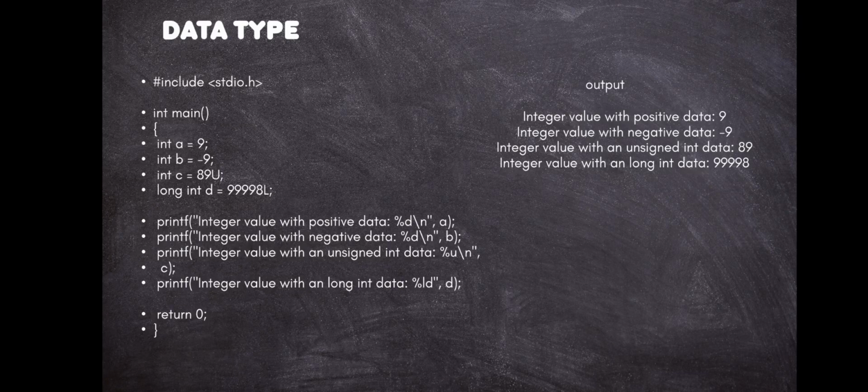And the last one is long, where L is used for long integer in C. On the right side we can see the output: the positive integer value is 9, the negative integer value is minus 9, the unsigned integer value is 89, and the long integer value is 99998.